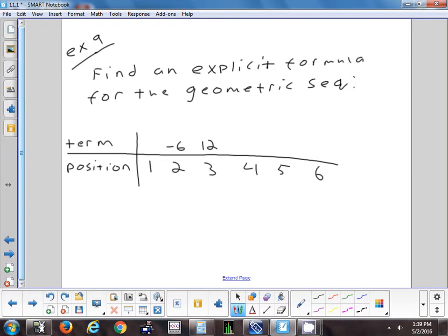Okay, let's try to find the explicit formula for this geometric sequence. Okay, the key thing you need is the first term. Normally, just knowing 2 numbers isn't enough information to find a sequence, but this word right here gives it away. It says it's geometric.